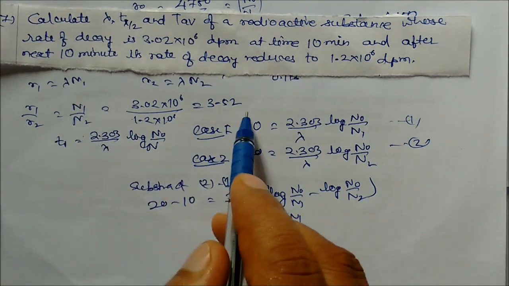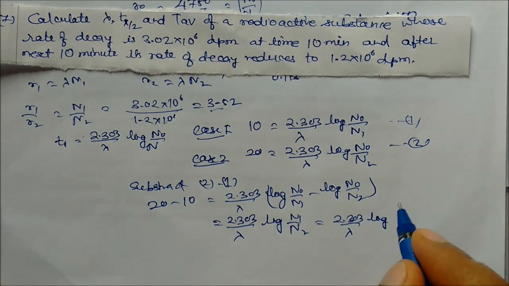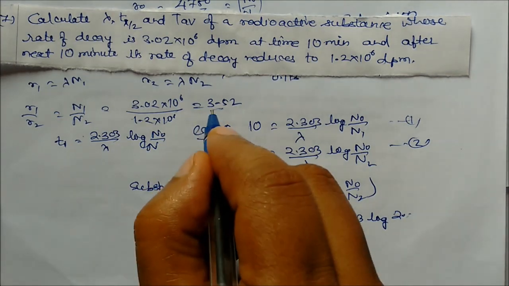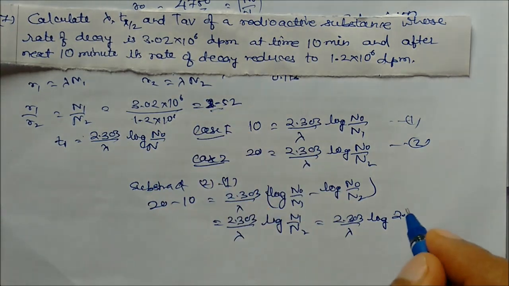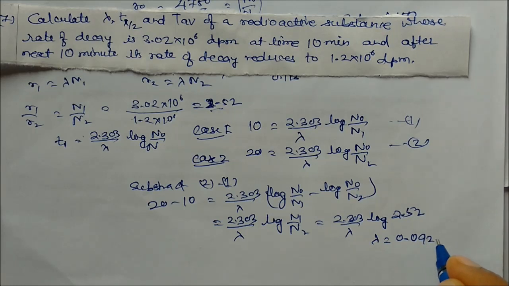So we can put the value, 2.303 by lambda, log 2.52, so you will get lambda equal to 0.092 per minute.